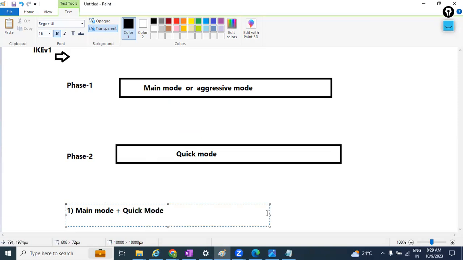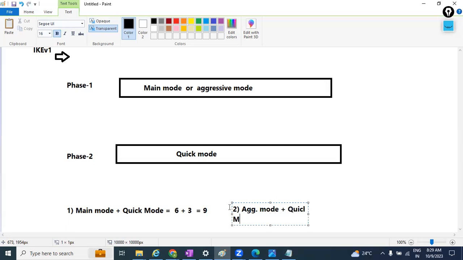In the message exchange, in main mode we exchange 6 messages and in quick mode 3. So in total, 9 messages are exchanged. Like in TCP, total we have 3, and here we have 6 in total for the other combination. The second combination is aggressive mode plus quick mode.